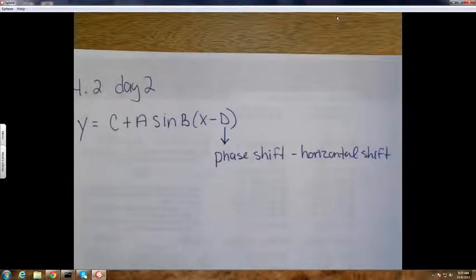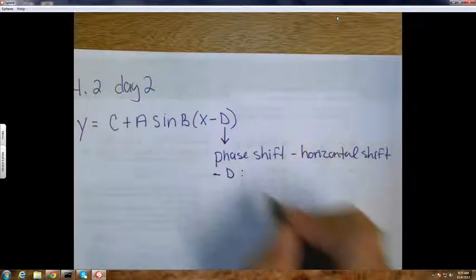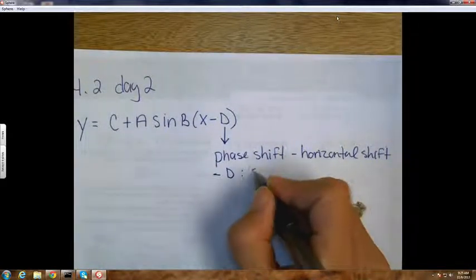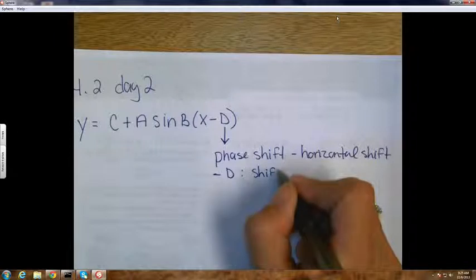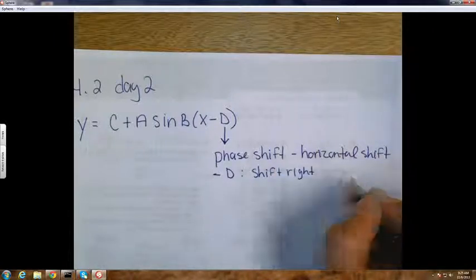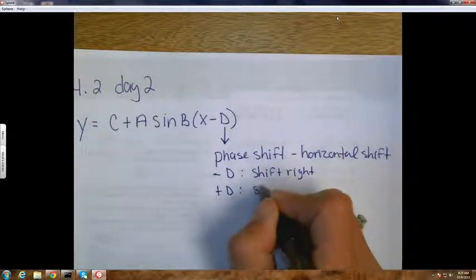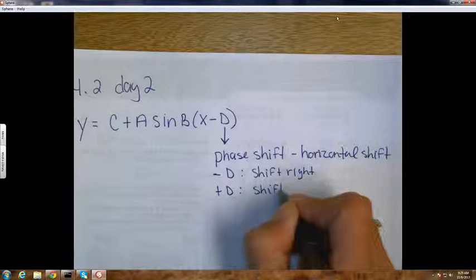And if you see a minus D like we had here, minus some value, that's going to shift right. And then a plus D is going to shift left. Just the opposite of what you would think.